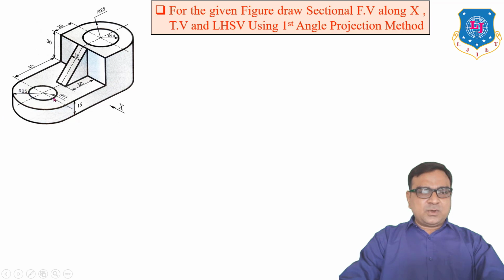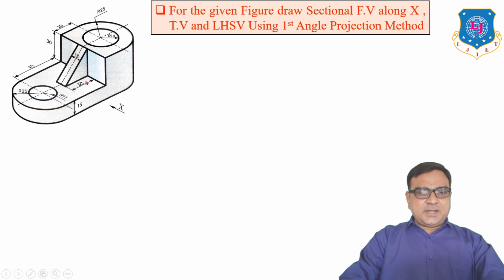Now, this hole of radius 11 and this is a semicircle of radius 25. The center of the hole and semicircle is the same. Here also the center for this circle and this semicircle is the same.